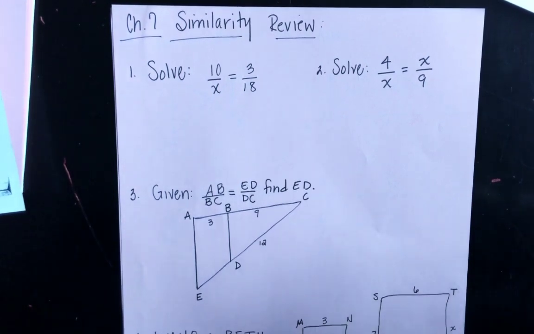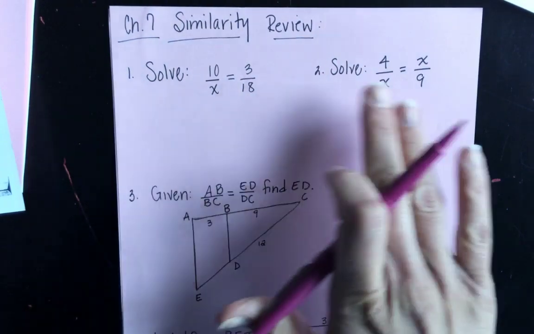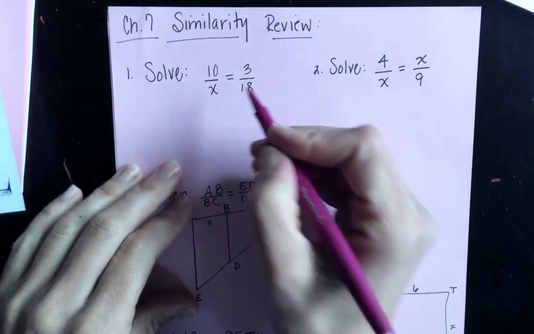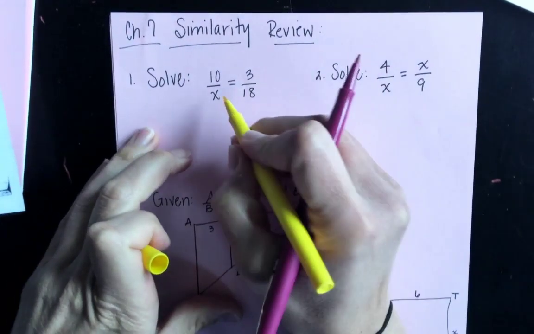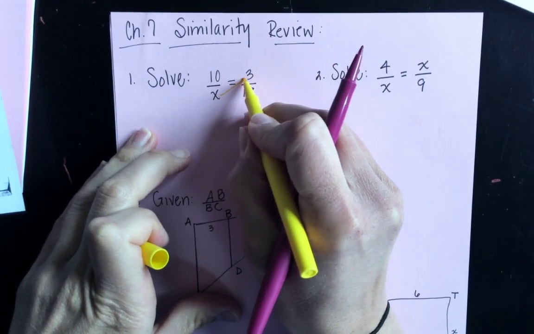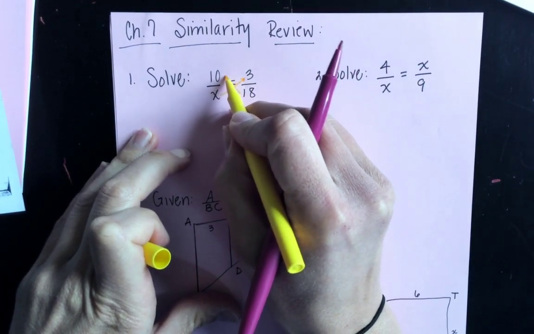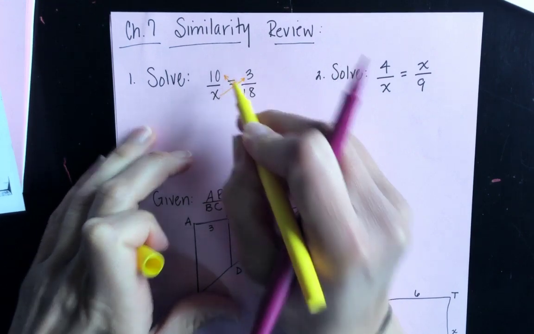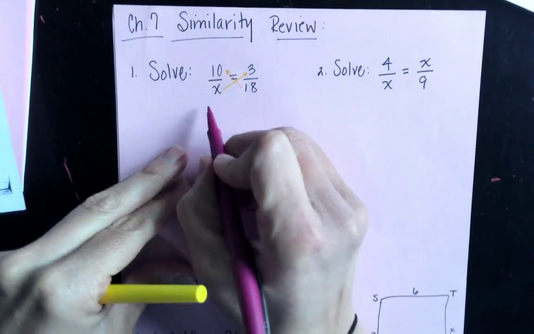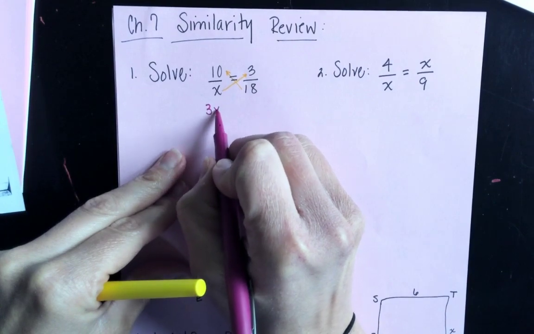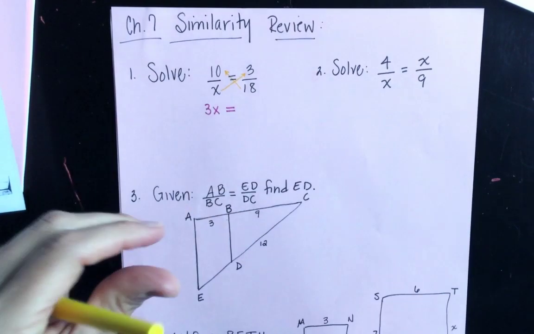So right now we have our proportions, and this first one we do want to remind everyone that when we solve a proportion we are going to cross multiply, and in doing so we go through that equal sign. What we have to remember is when we cross multiply, that equal sign still has to show up.